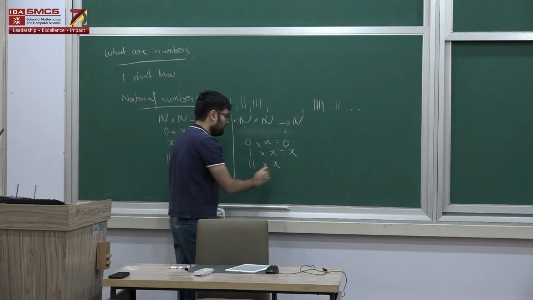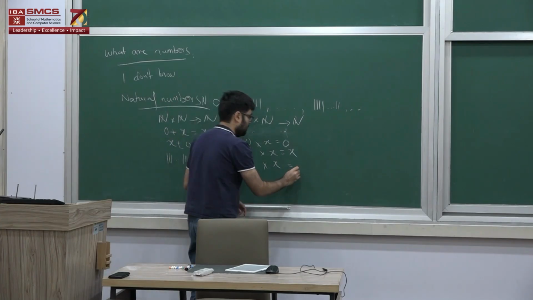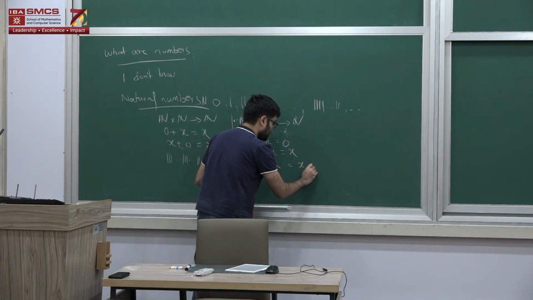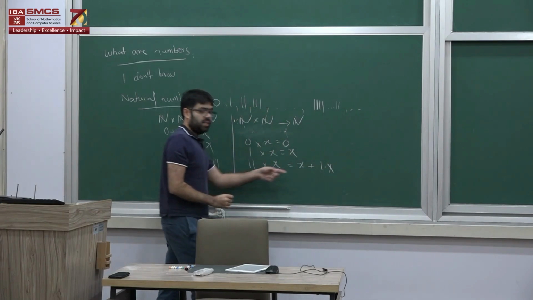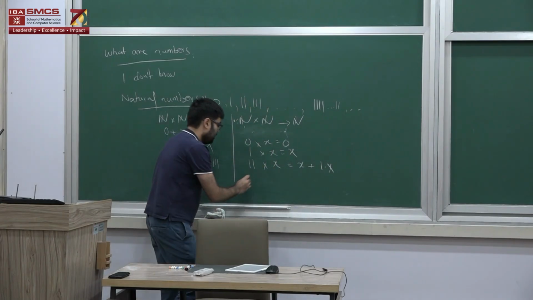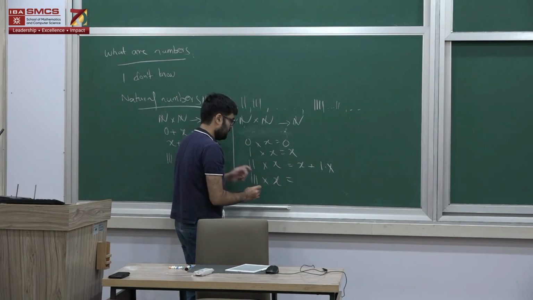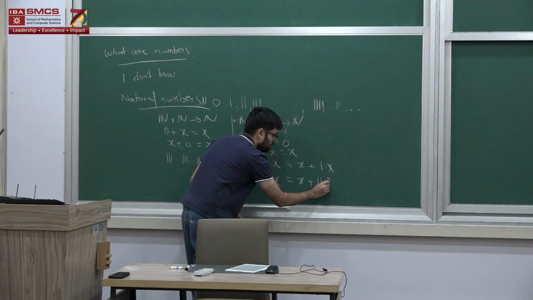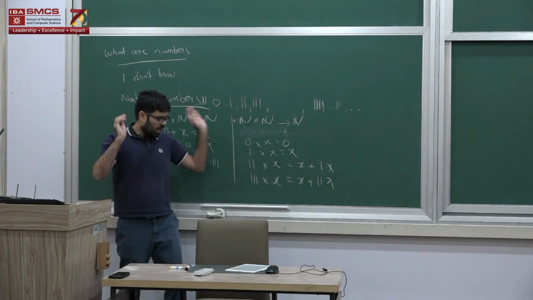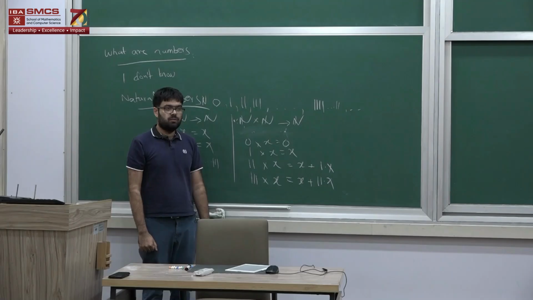What I will do is I will just remove one line from here and write x plus the other line multiplied with x. If I wanted to do 3 times x, what I will do is again remove one line, write x plus 2 times x. So I can continue like this, and I get a definition for multiplication.